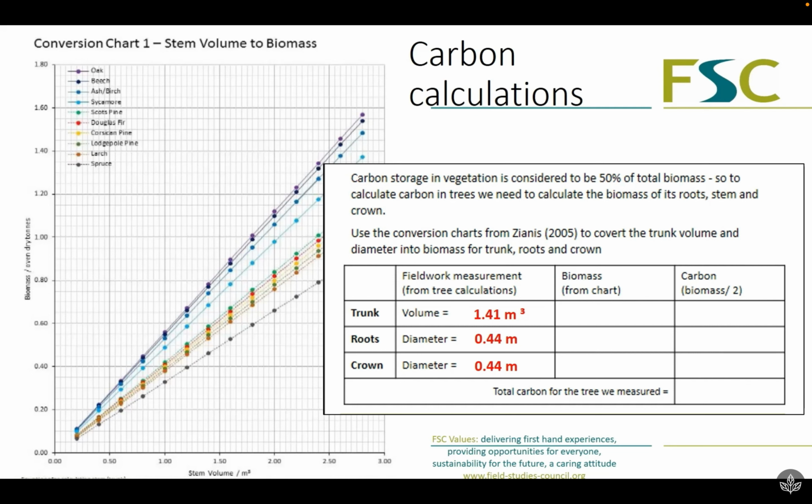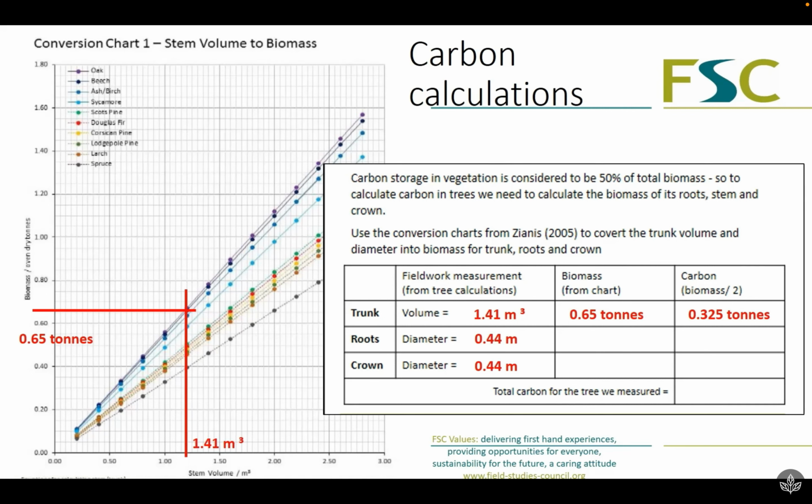So we know that our volume was 1.41 metres cubed, so we find that on the chart. And then we go up until we get to the type of tree we had. So in our tree's case, it was a beech, which is the dark blue line on this graph. And then we can work across to work out the biomass. So that's 0.65 tonnes reading off that scale there. To work that out into carbon, we divide that by 2.